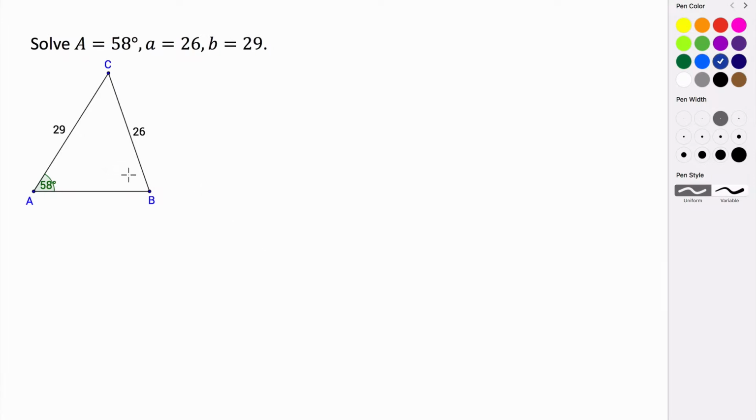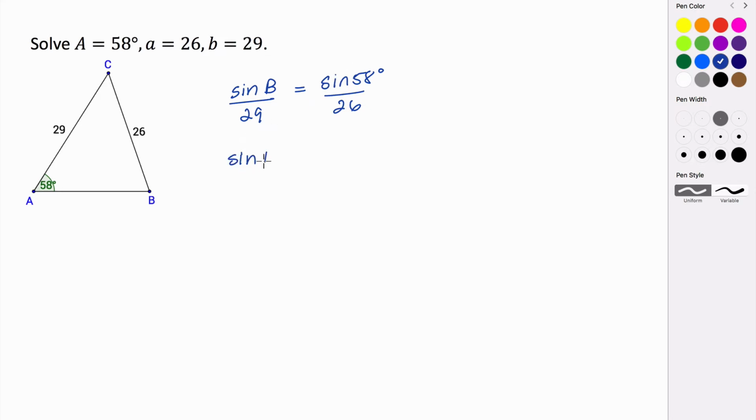So to solve this first triangle, we're going to try and find angle B first. The measure of angle B we can find just by using the law of sines. So the sine of B divided by 29 equals the sine of 58 degrees divided by 26. Multiply both sides by 29.